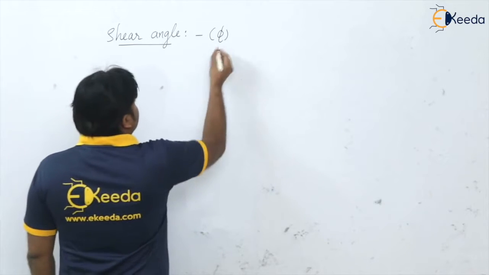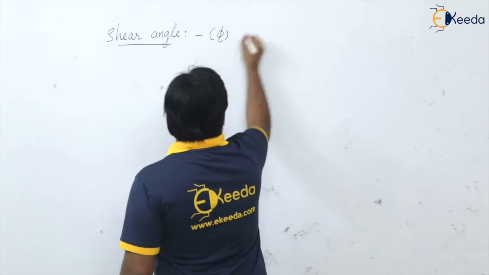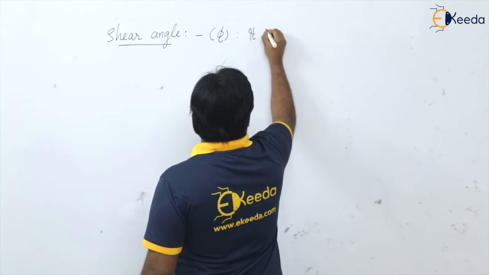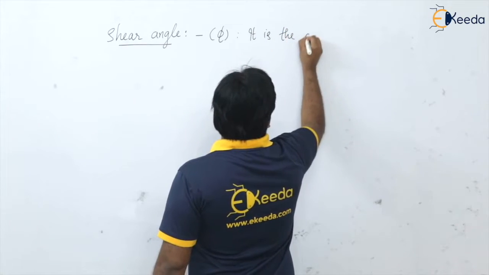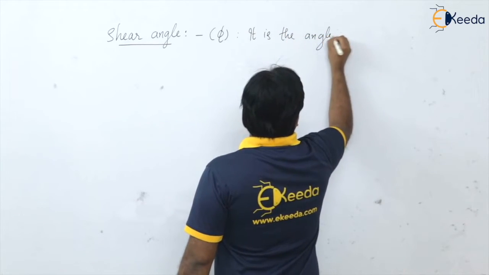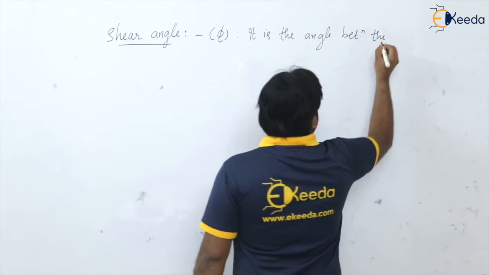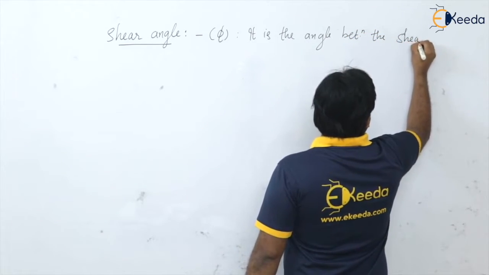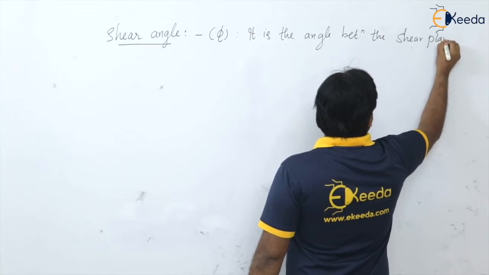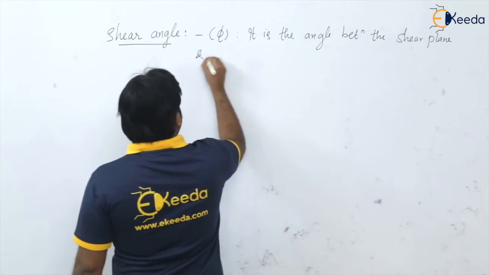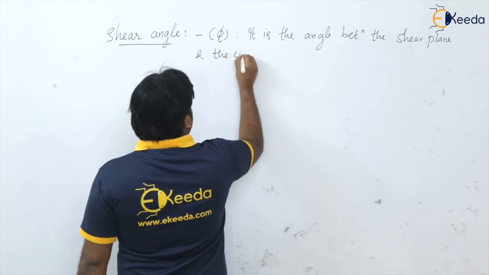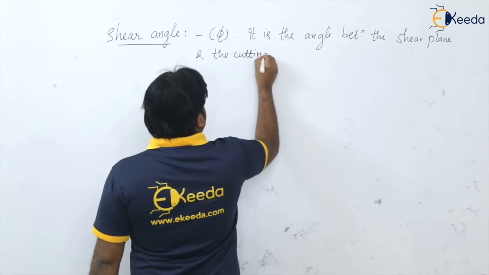It is nothing but the angle between the shear plane and the cutting velocity vector.